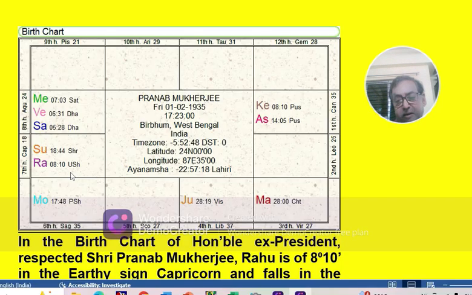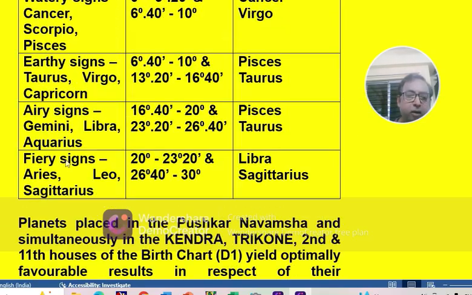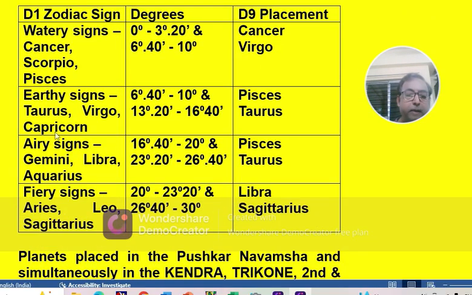8 degrees 10 minutes of Capricorn corresponds to the Pisces sign in Navamsha. You see, earthly signs: Taurus, Virgo, Capricorn. Rahu is in Capricorn.